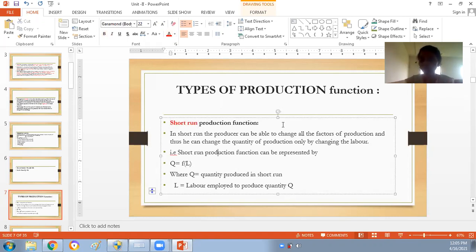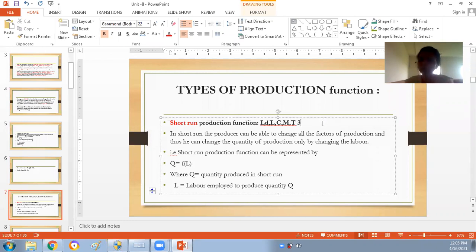Now, what are the various factors of production that we said here? Land, labor, capital, management, and technology. Short term means, let us consider, a span of 3 months or 6 months; we consider that a shorter period.